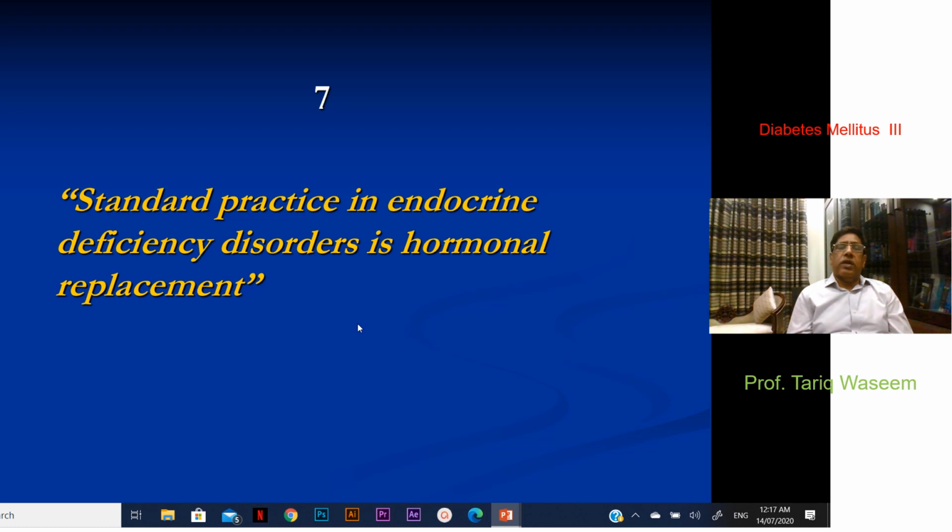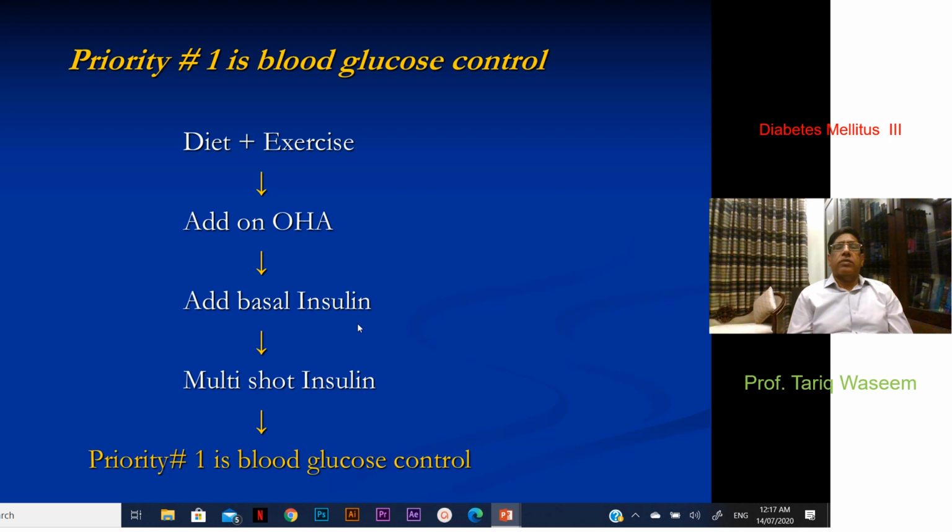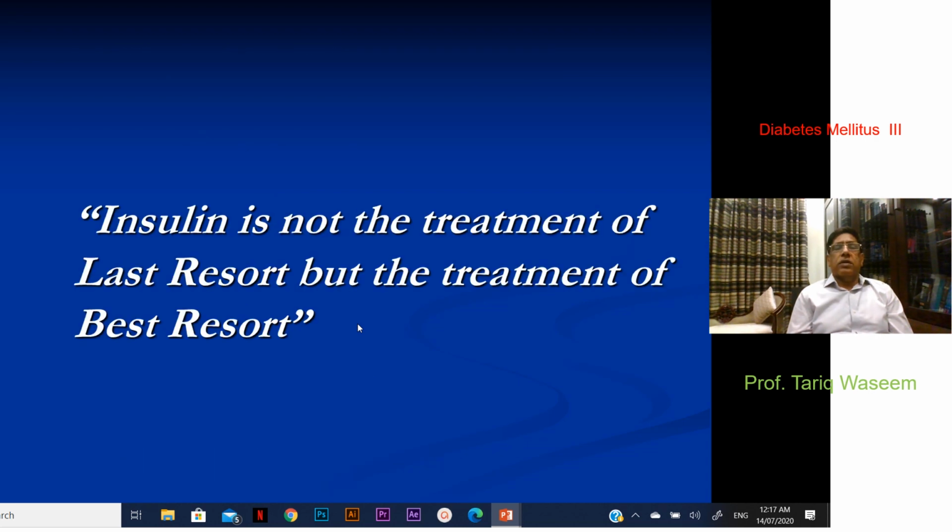That's why the standard, as we do for other endocrinopathies, is that when there is deficiency, you replace or add that hormone. So the primary target is to achieve glycemic control. Insulin can be considered for type 2 diabetes mellitus. Insulin is not the treatment of last resort but the treatment of best resort.